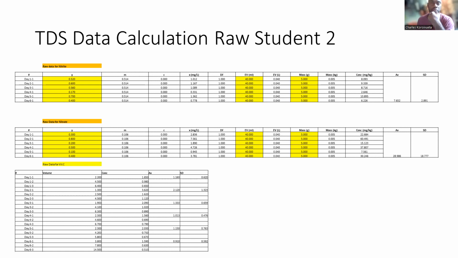And this is just to show the tedious calculation of the raw data for 2 students, and this is for raw student 2. It shows the average to be 7.6 and the standard deviation to be 2.8 for nitrite, and for nitrate the average is 28.9 and the standard deviation is 18.7.